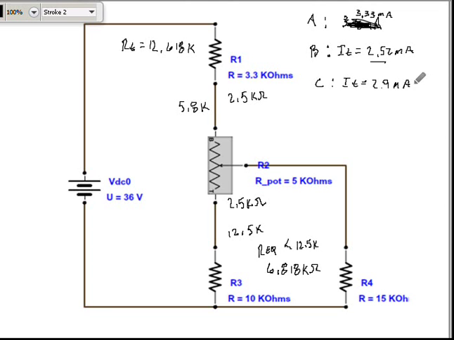So you can see how a potentiometer can vary the overall characteristics of a circuit with a given load. Now, this is the same sort of thing you get when, say, you've got a speaker circuit and you've got a volume knob.